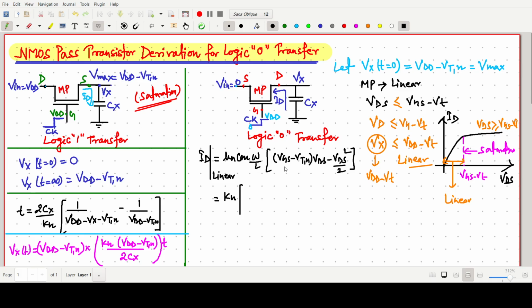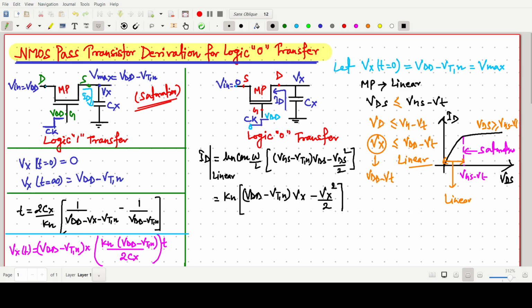Now VGS, the gate voltage, is VDD, so we can write VDD minus VTN into VDS. VDS means VX, since D is VX and S is 0. So simply VX minus VX square by 2.